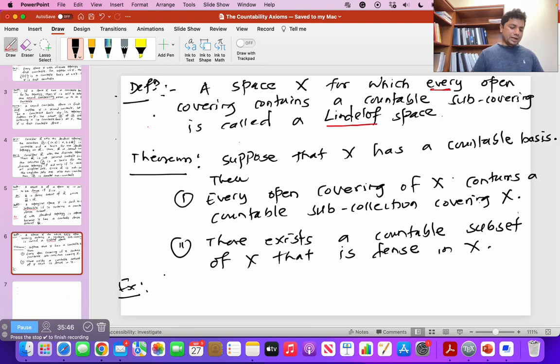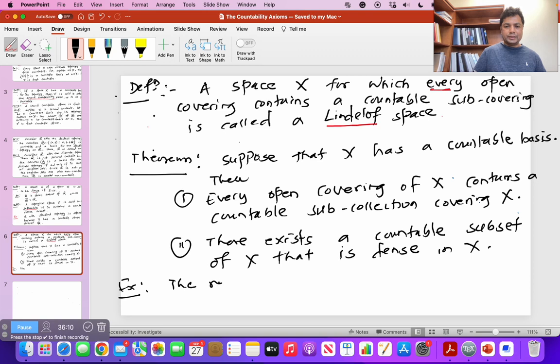We have seen that R, the real line with the standard topology, is second countable. I think that was one of our examples earlier. That means R is also a Lindelöf space by this theorem.